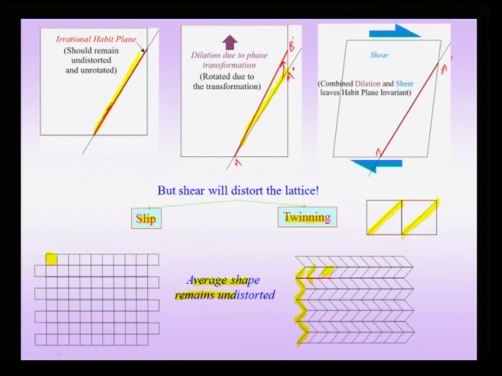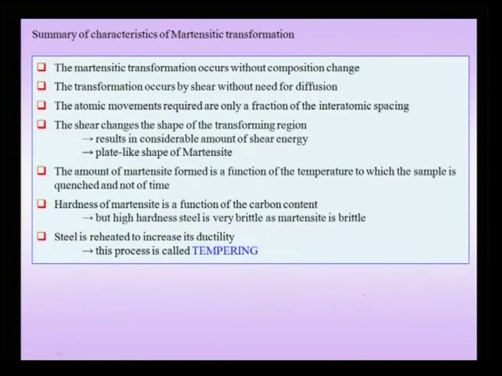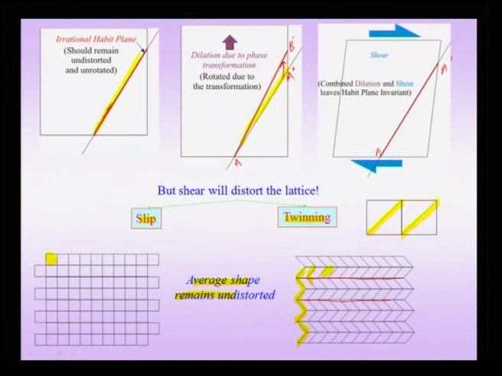So, twinning can be used to accommodate my secondary shear, but we have to note that we do need secondary shear to understand the invariant plane strain, and this shear can be accommodated either by slip or by twinning.